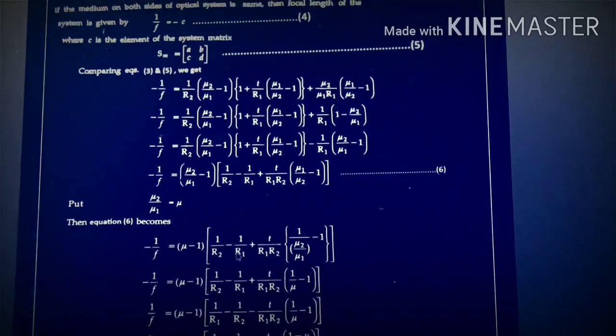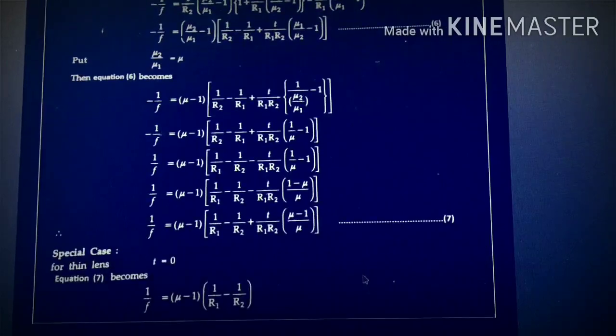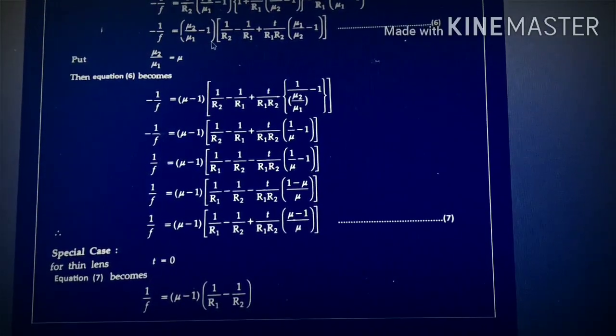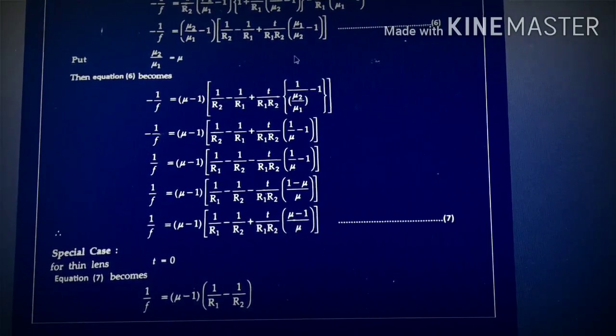Put mu2 by mu1 equal to mu. Then equation number 6 becomes minus 1 by f equals mu minus 1 into 1 by r2 minus 1 by r1 plus t by r1 r2 into 1 by mu minus 1.